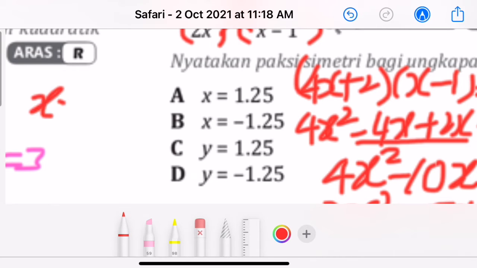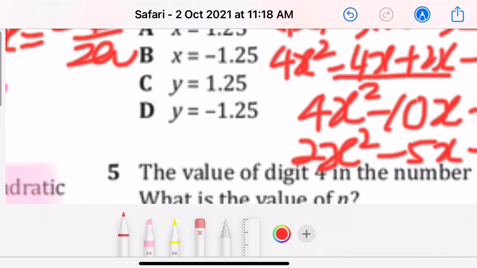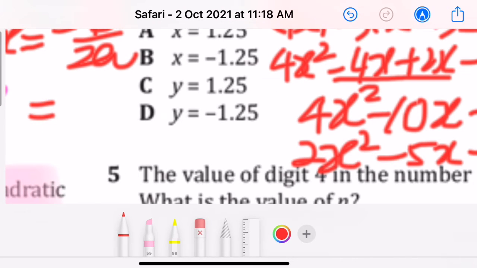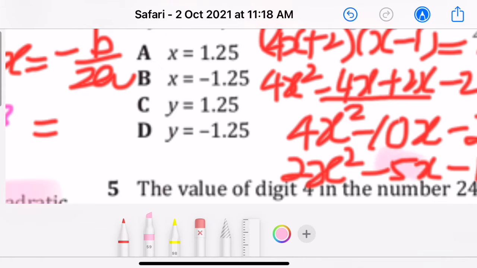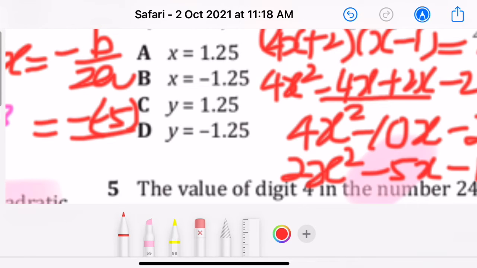But now we cannot, so we just use a formula: negative b over 2a, where b is negative 5, right? Be careful, here is the negative 5 over 2 times the 2. This is the a, right? So it's 5 over 4.